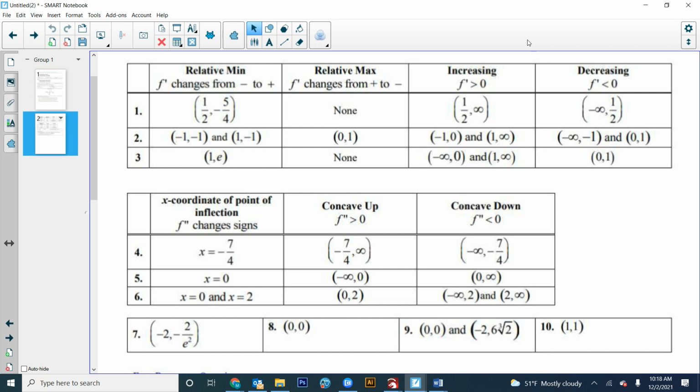Number 3 asks for intervals of increasing, intervals of decreasing, and extrema. Number 4, concave up, concave down, and then point or points of inflection. You'll notice I did not say just give me the x value for the point of inflection. That one I actually want the x and the y value.